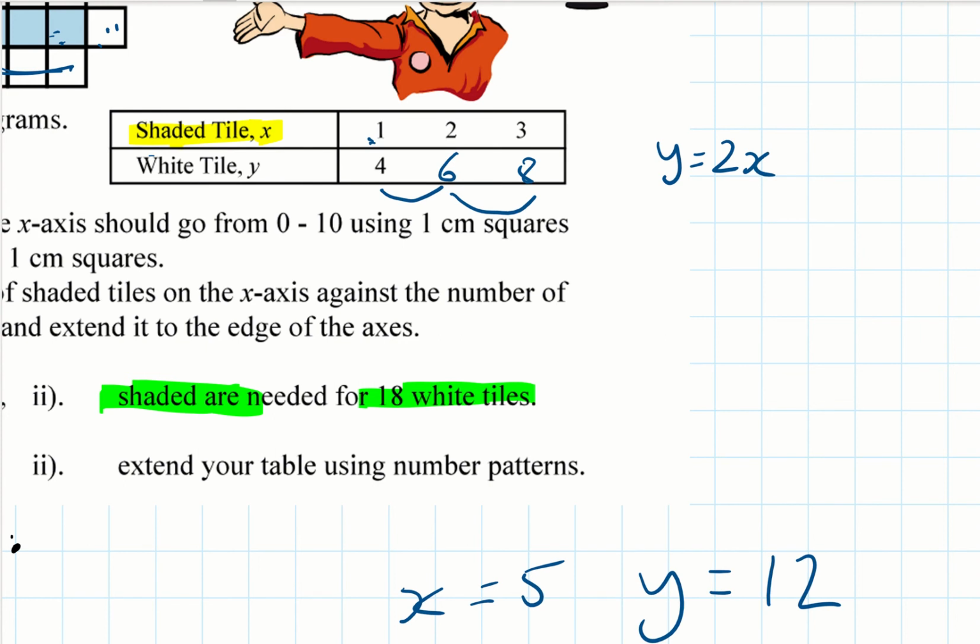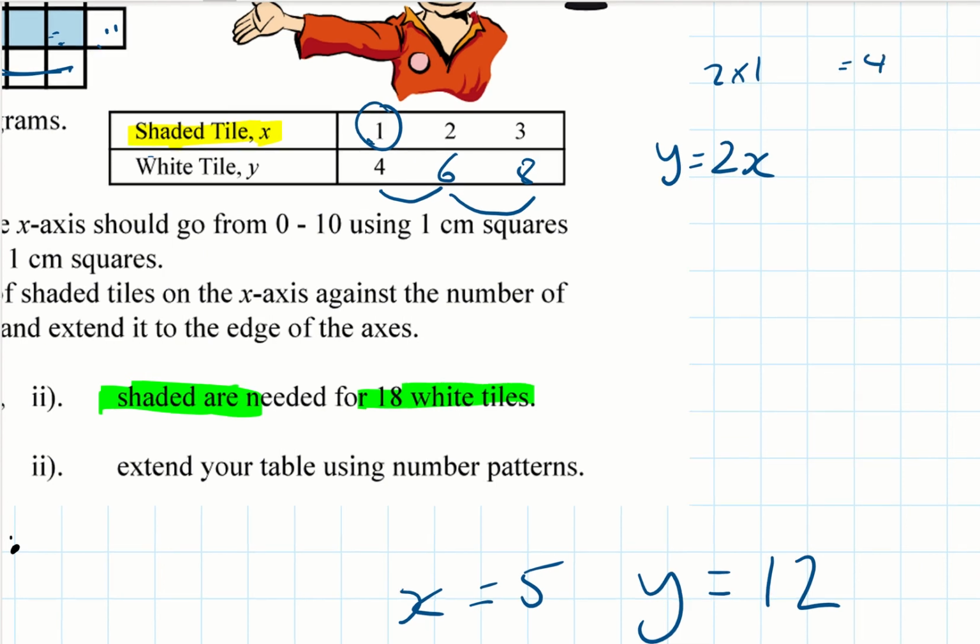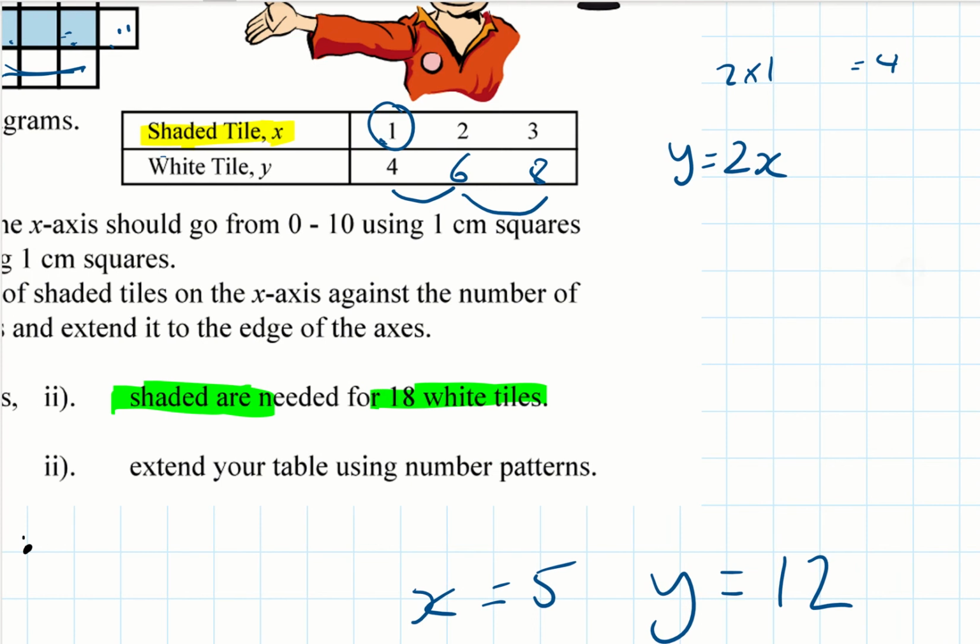And then we do something else. So let's test it. When it's 1, I go 2 times 1, which is 2. And how do I get to 4? I have to plus 2, don't I? So my rule should be like that. Let's test it with 3. 2 times 3 plus 2: 2 3s are 6, plus 2 equals 8. Yes, that works.